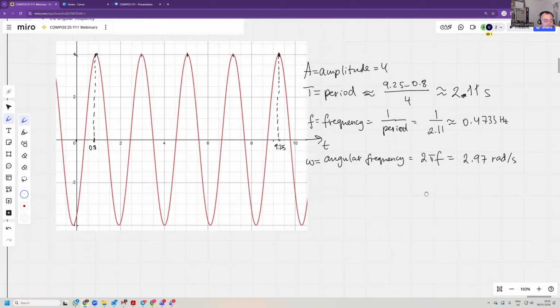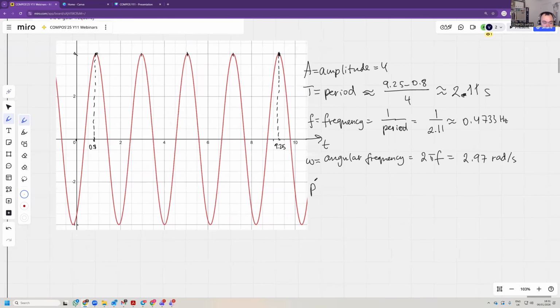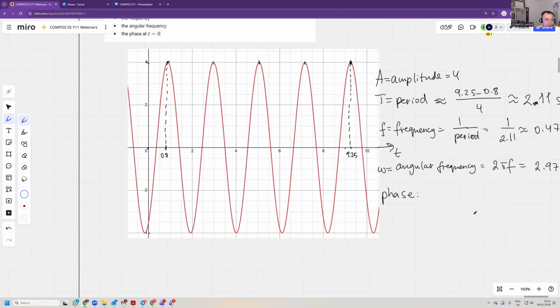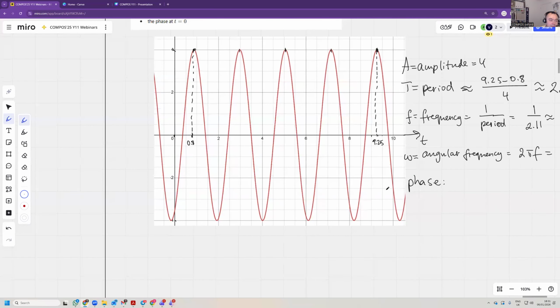The phase. Now, the phase is the hardest part. So if this equation, this is a sine graph. So this is x is equal to A multiplied by sine omega t plus phi.